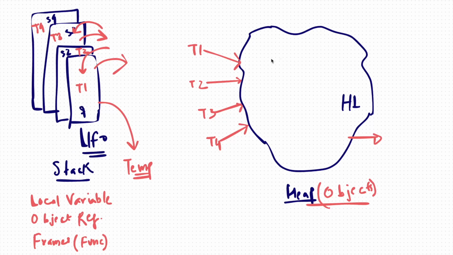But in heap memory, data doesn't get pulled out that easily. We have to run a garbage collector, which we will see later on when we are learning heap memory by the end of this video. So to remove data from our heap memory, we need something called a garbage collector.